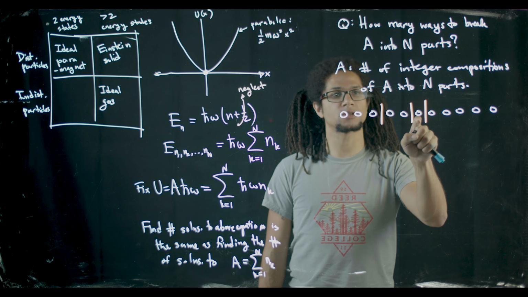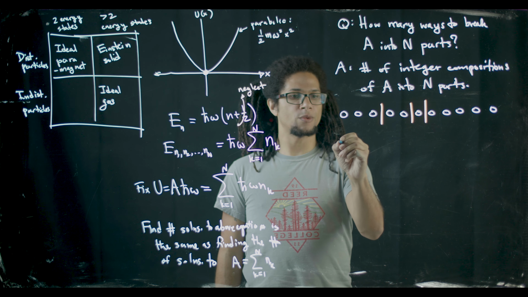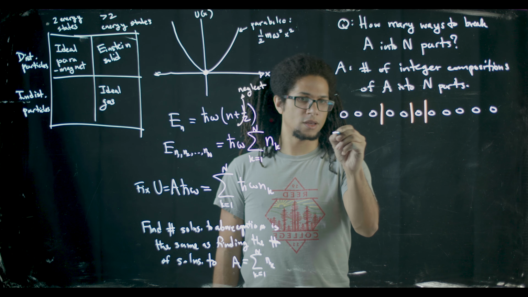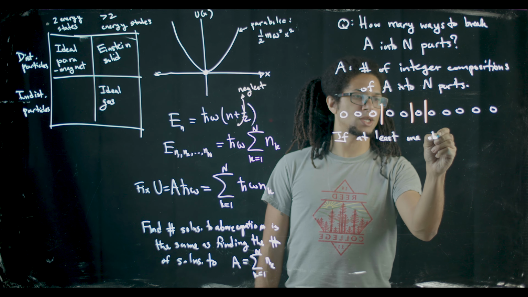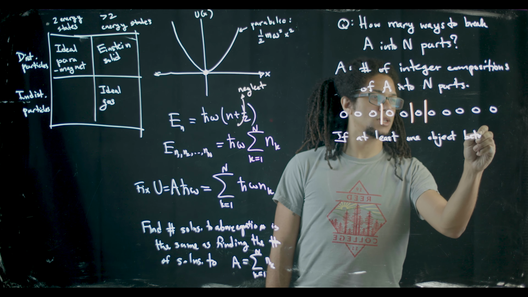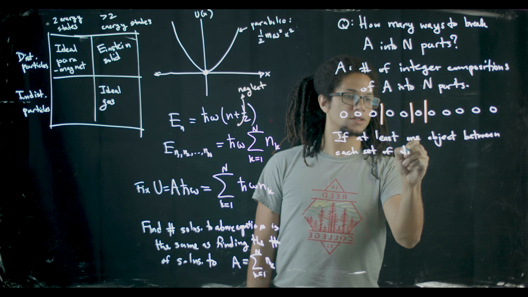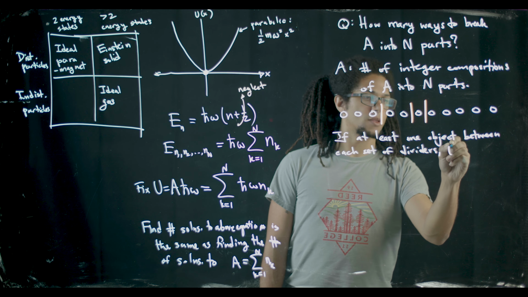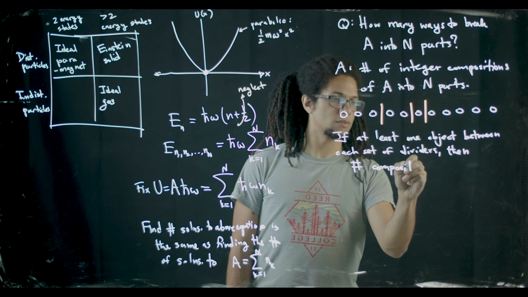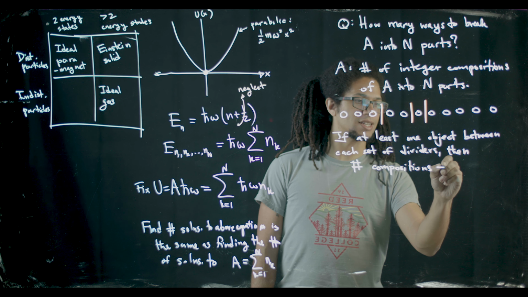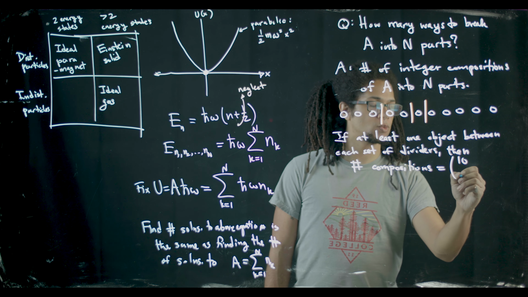So if we mandate that there's at least one object between each set of 2 dividers, then the number of compositions is exactly 10, which is 11 minus 1, choose 3, which is 4 minus 1.